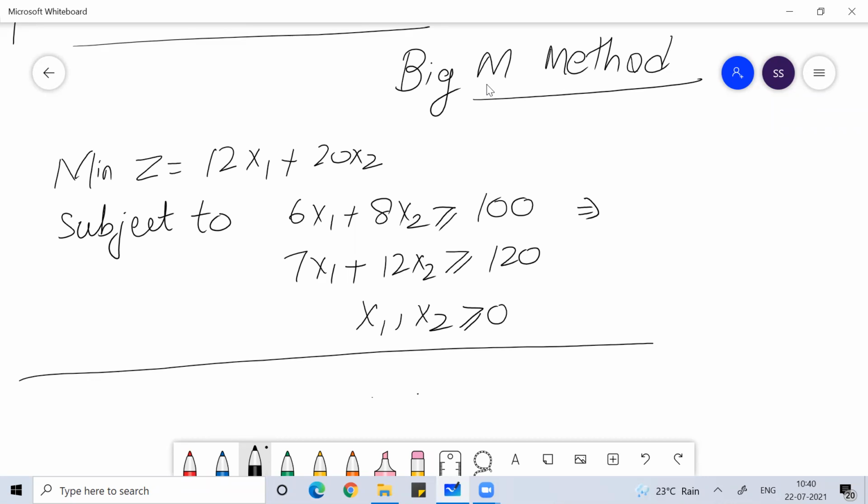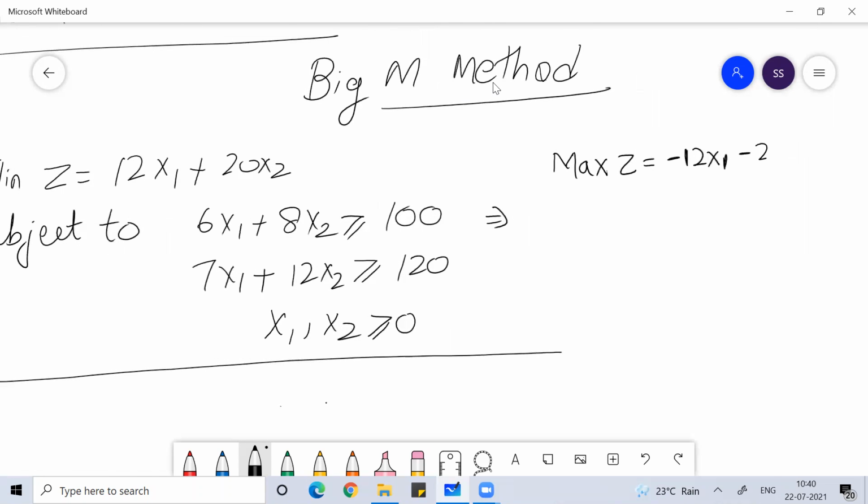So first I'll convert the minimum objective into a maximization objective by writing maximum of Z = -12x1 - 20x2 as the objective function, subject to the constraints. Here you have greater than or equal to constraints.